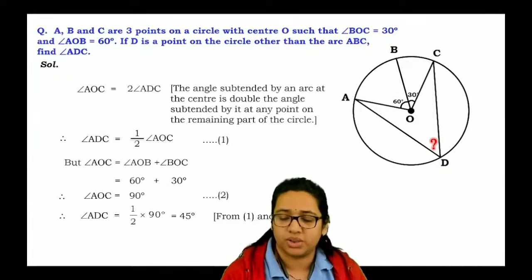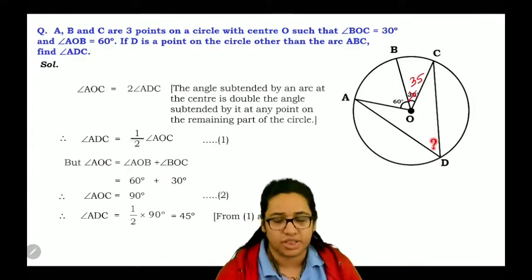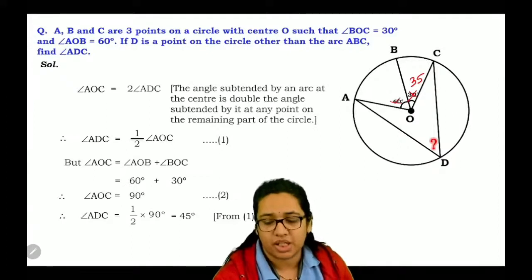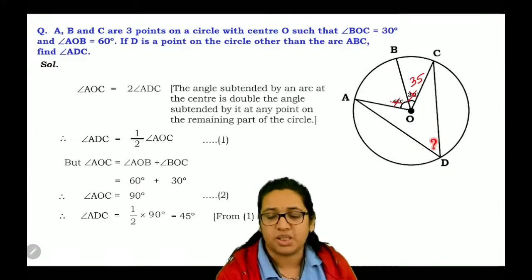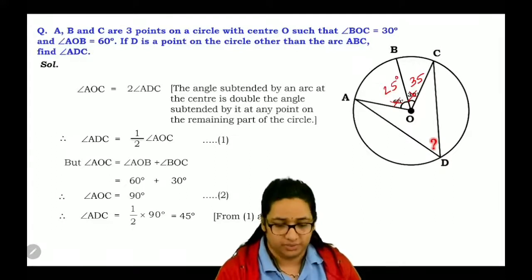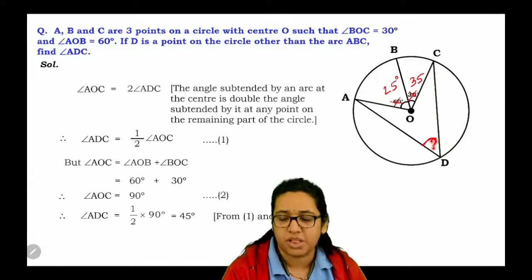Should I give you another question? Suppose this BOC is given as 35 degree and AOB is given as 25 degree. Then find what will be measure of angle ADC.